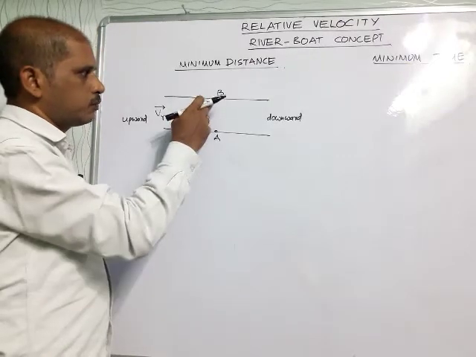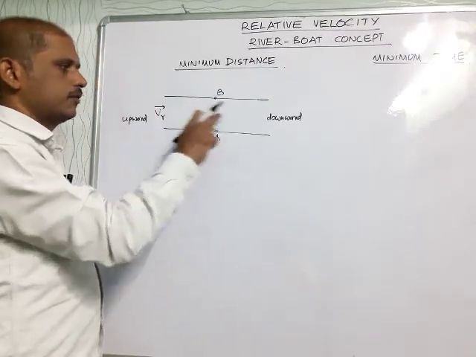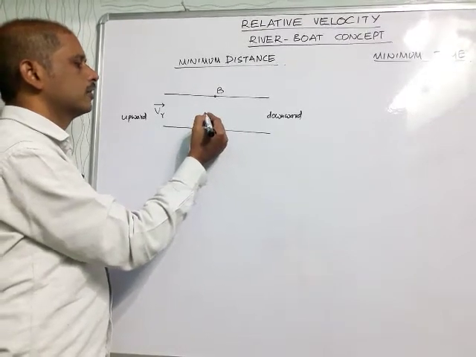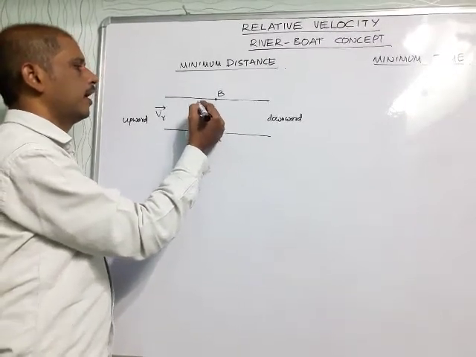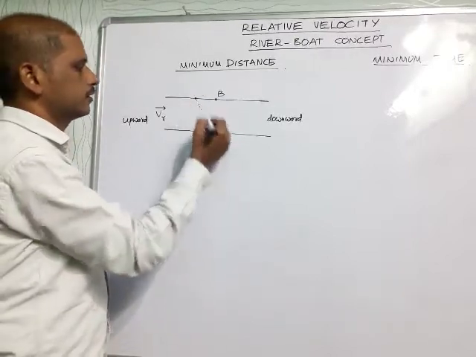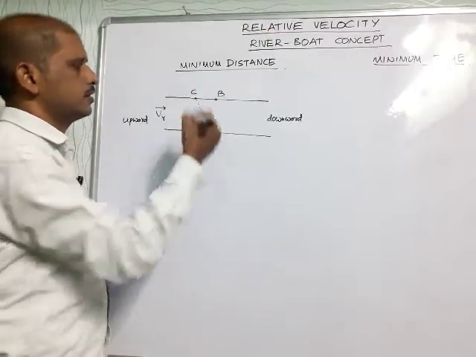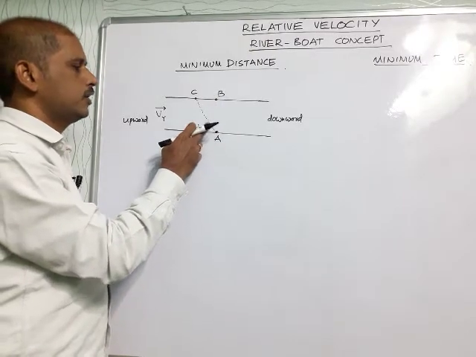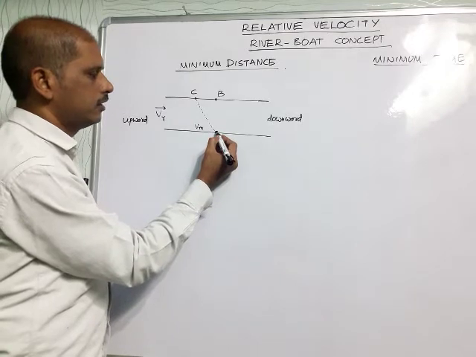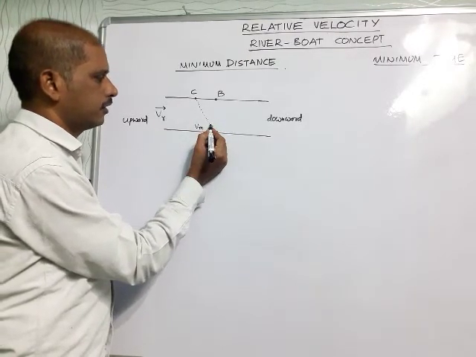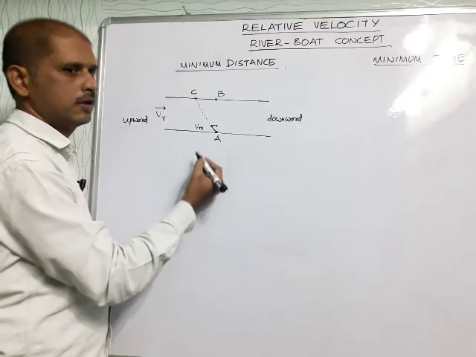So to reach this point, because of the velocity of the river, he has to move in this direction by making an angle to the perpendicular distance. So this is the direction, and this is C. When the man is trying to reach in a direction, because of the velocity of the river, he will be pushed toward this.